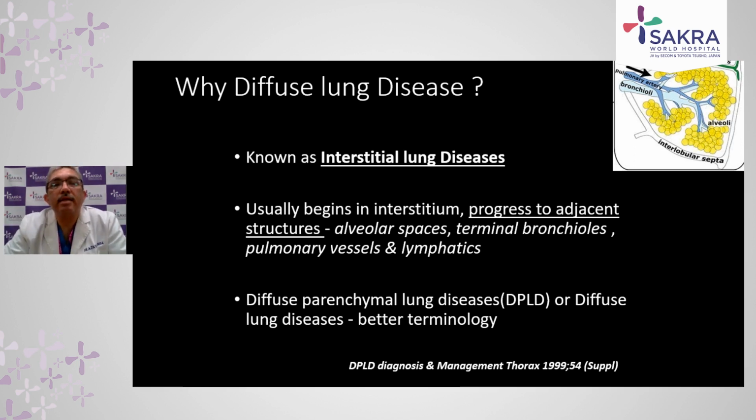But lately, the authors feel that the term diffuse parenchymal lung disease or diffuse lung disease is a better terminology, because though they begin in the interstitium, they can progress to involve the other structures in the pulmonary lobule, which I showed you, namely the alveolar spaces, the terminal bronchiole, both the pulmonary artery and the pulmonary vein, and the lymphatics. Hence, it is not limited to the interstitium. Hence, the term diffuse lung disease is a better terminology, many feel.